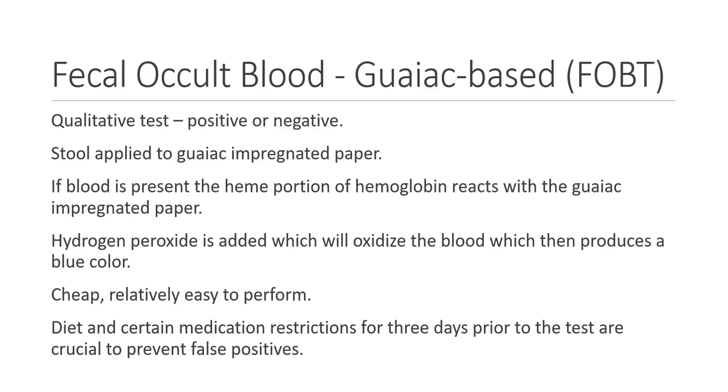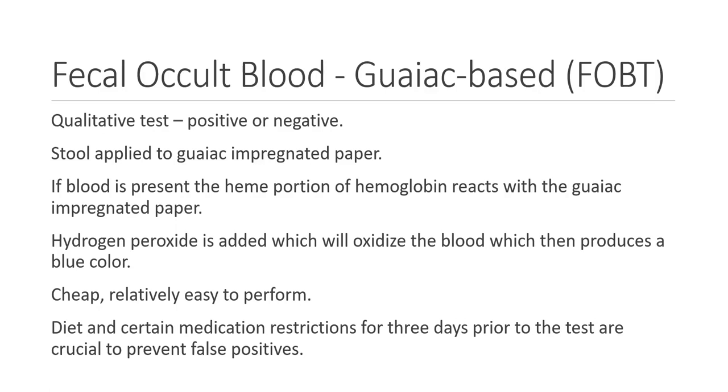The big hang-up is the diet and certain medication restrictions for 3 days prior to this test, which are crucial to prevent false positives. You cannot eat beef because that has hemoglobin, which will give a false positive. There are certain foods that will give a false positive.